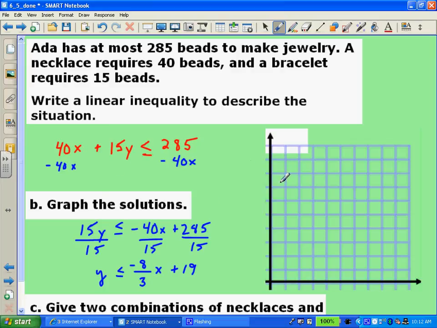Remember we said that y was bracelets, so let's label our graph here. And x was necklaces. Now I gotta get up to 19 on my y-axis, and I have a slope of negative 8, so let's just count by 2's.